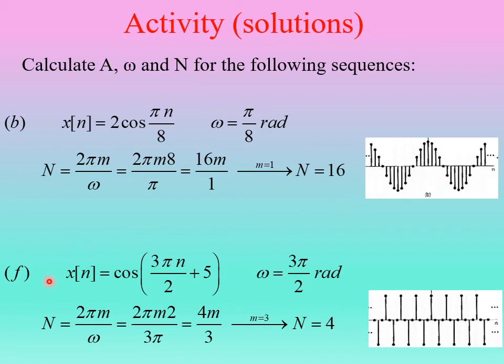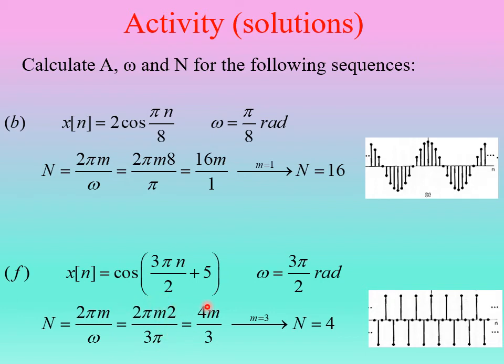The next one here, x of n equals cosine 3 pi n over 2 plus 5. Again, by inspection, I can see that omega is 3 pi over 2. That's just the stuff in front of the n there. We don't need to worry about this 5. And to figure out the period, we set n equal 2 pi m over omega. We plug in omega, which is 3 pi over 2. Simplify, right?